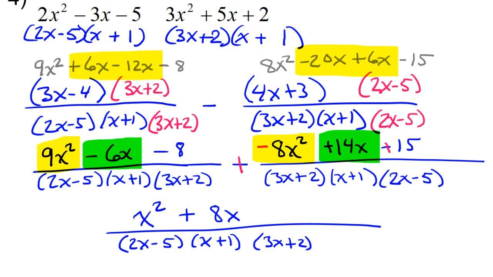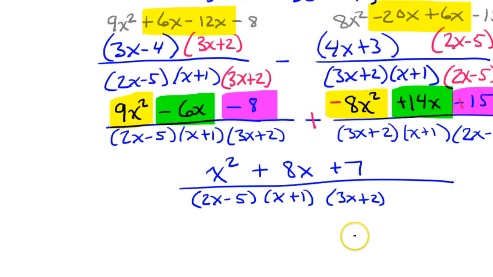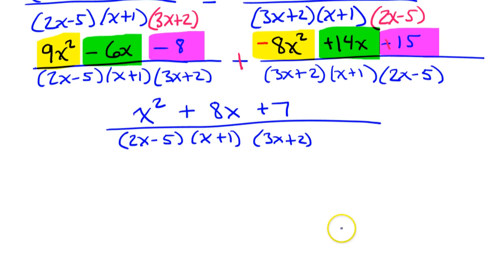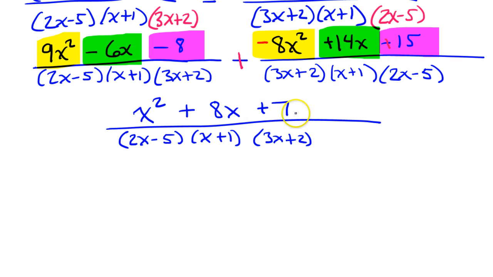And finally, the constants. Negative 8 and positive 15 is 7. So we have this. Now that trinomial looks like the type of thing that we often factor. So I'm going to attempt to factor the trinomial on top.